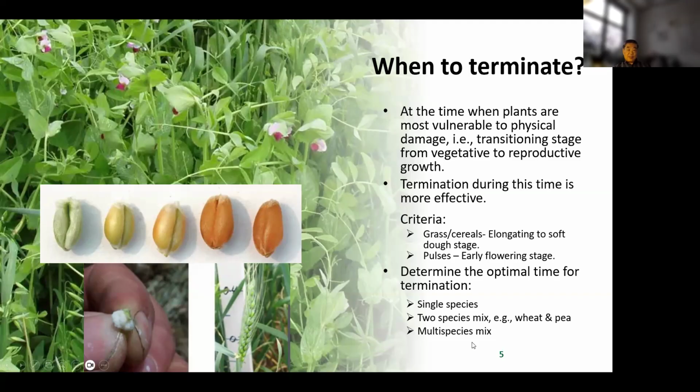And a multiple species mix is a little bit more complicated. Then you should choose the one that doesn't really produce a whole lot of issues for your next crop, and use that as the standard.